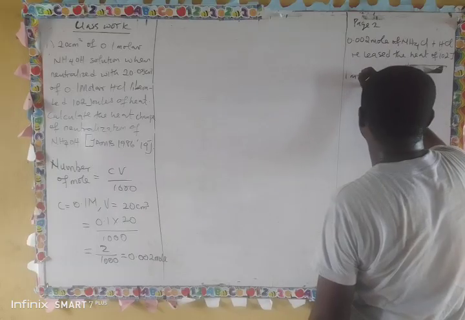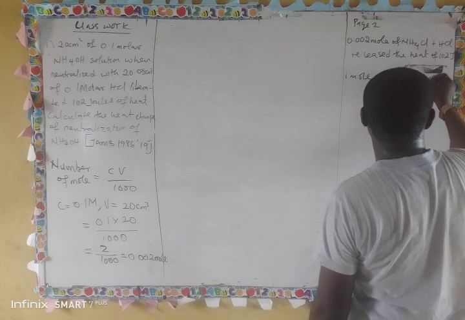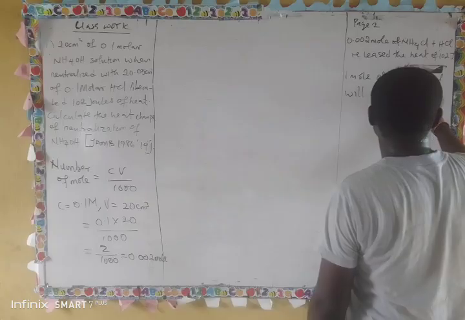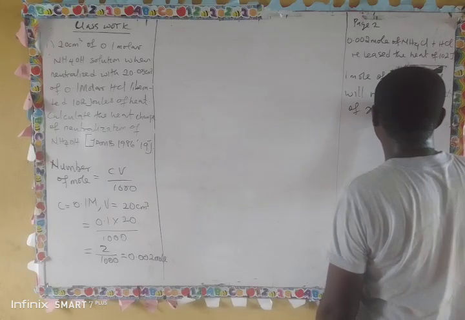Then 1 mole of NH4Cl plus HCl will release the heat of X joules.